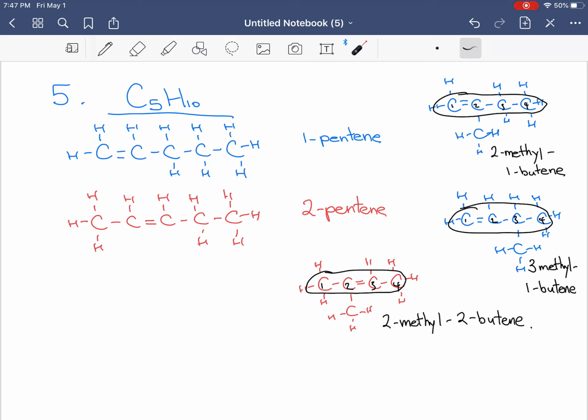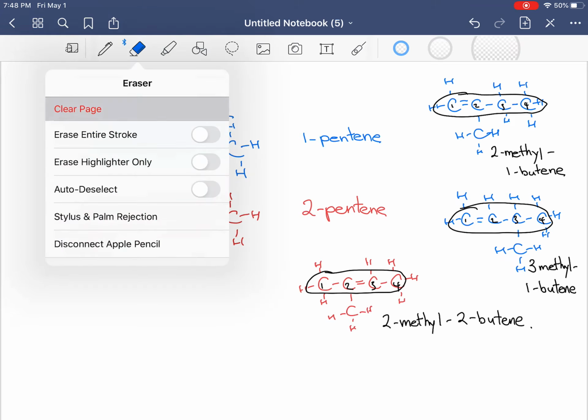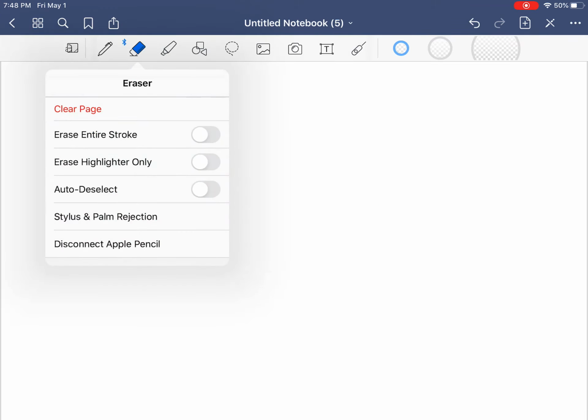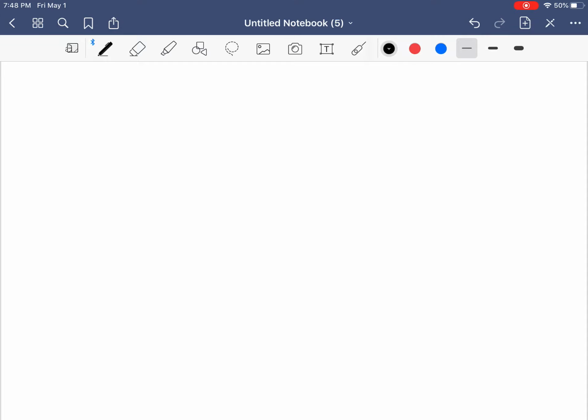So, how about this? How about we clear this page? You just keep writing along. Okay. Let's do C6H12.